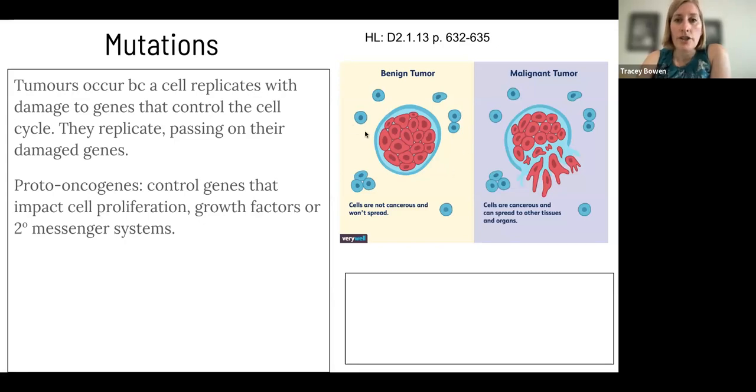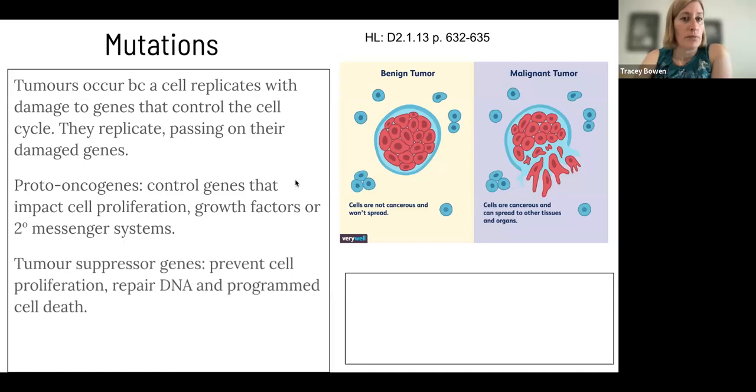So a benign tumor is cells that are growing, but they're not spreading. Whereas a malignant tumor is where the cells are cancerous, there's genetic damage that has happened, and it is spreading to other organ tissues. Tumor suppressor genes prevent cell proliferation, repair DNA, and program cell death.